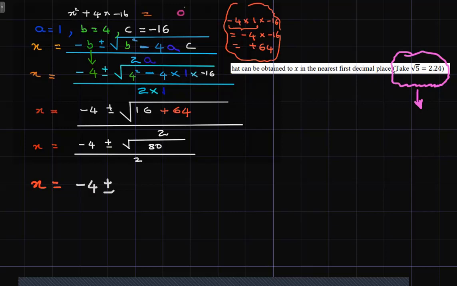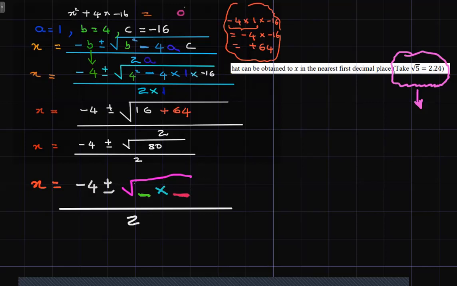Then how would you find the square root of 80? How do you do it? With the square root sign, there's a division by 2. Now you got to break this 80. You got to split the 80 using a multiplication. So you got to write a number in the green blank and a number in the red blank.